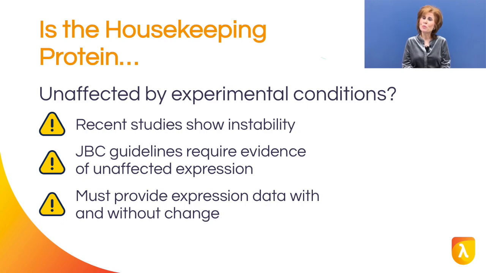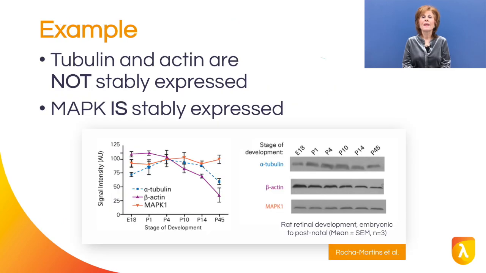This means you must provide data from a validation experiment that shows expression of your chosen housekeeping protein with and without the change in the experimental conditions. These conditions are not limited to drug treatment, but may also include biological issues such as tissue variation, environmental factors, and developmental timing.